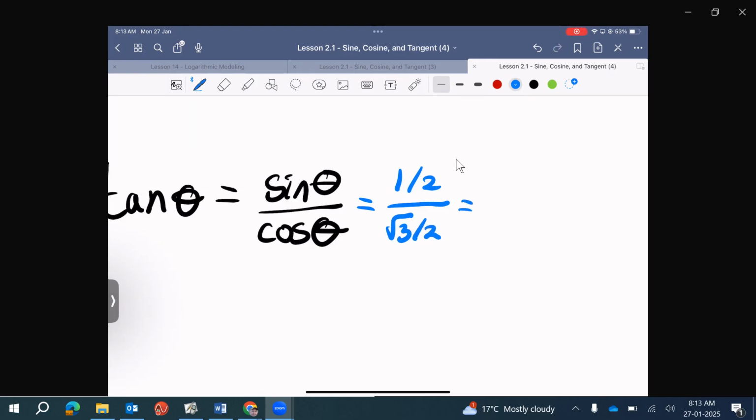This means this 1 stays there, this 1 moves up to the top, this 1 moves down to the bottom, and we get 1 times 2 over root 3 times 2. These two cancel, so basically the denominators being the same cancel each other. We get 1 over root 3.